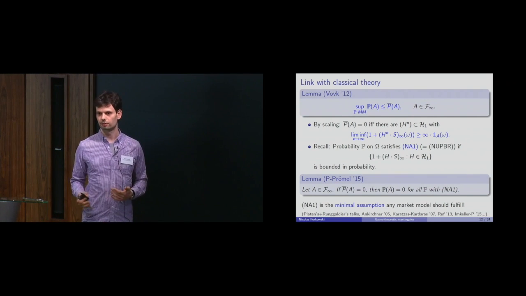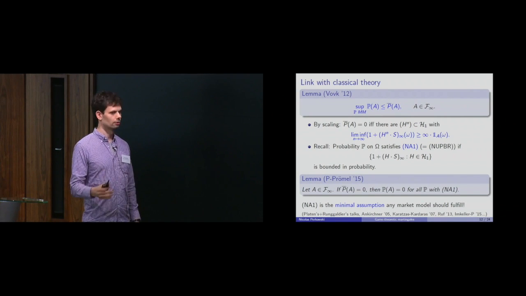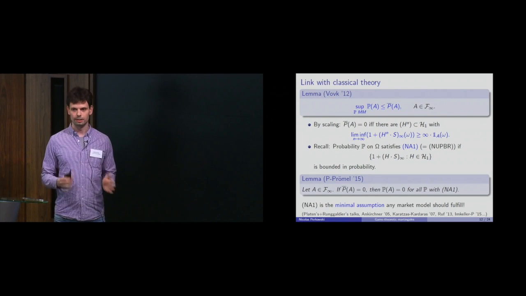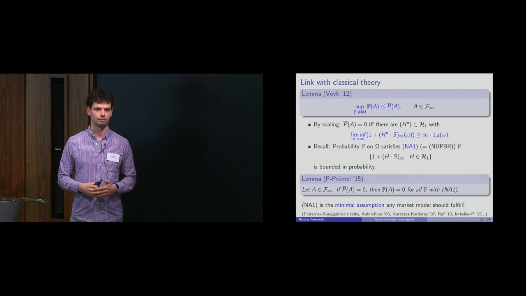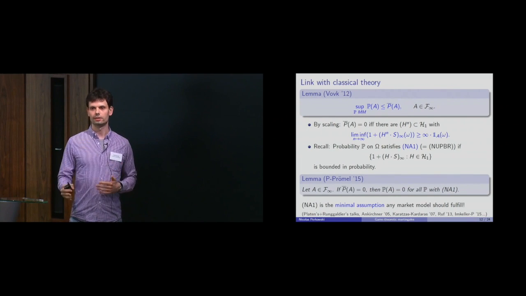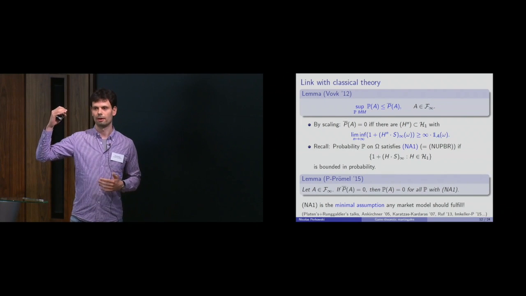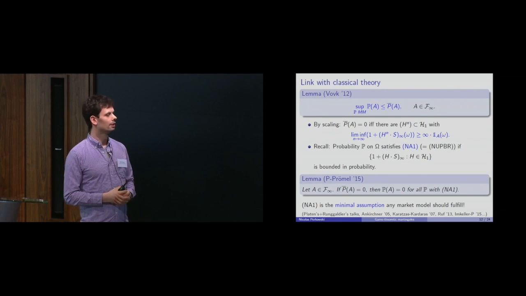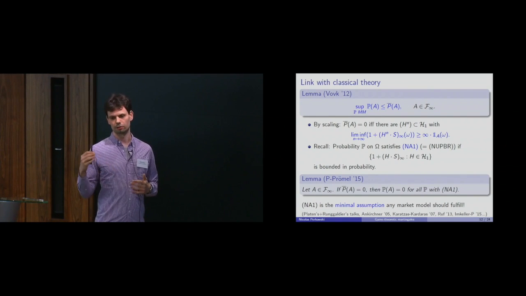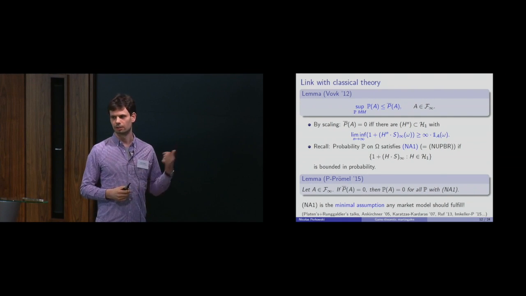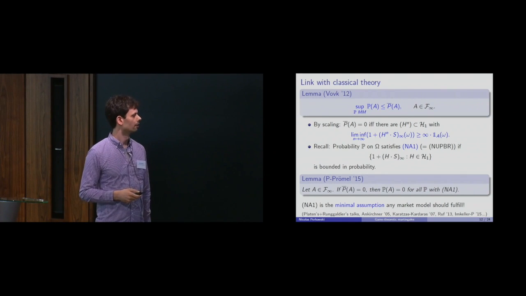And that's good because we saw this in many talks, in Platen's talk, in Rungaldier's talk, and also in Bayraktar's talk, that NA1 is really the minimal assumption that any model has to satisfy. If you take a model that doesn't satisfy NA1, then any investor can get infinite maximal expected utility. And if you have some unbounded utility function for which the investor can get finite maximum expected utility, then you already satisfy this NA1.